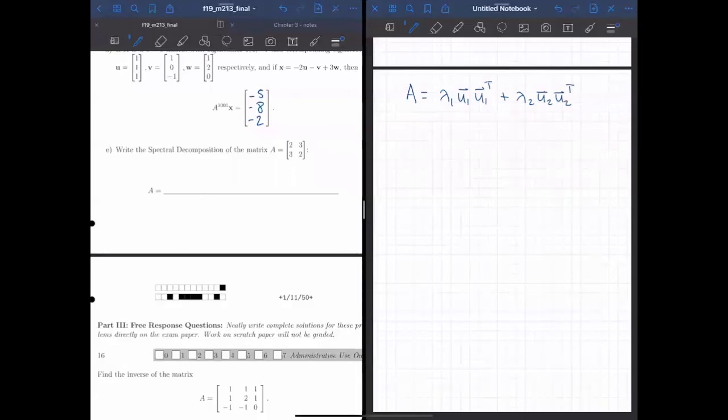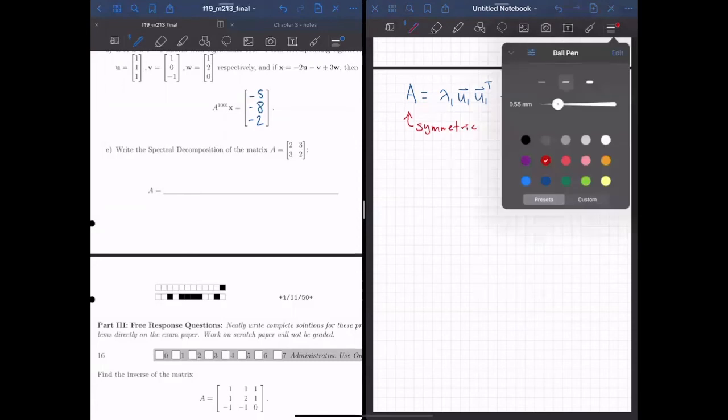The difference is the outer product form of a singular value decomposition works for any matrix at all, absolutely any matrix, doesn't have to be square. The spectral decomposition only works if your matrix is symmetric. That's really the difference between the two: one of them only works if your matrix is symmetric, and the singular value decomposition works anytime.